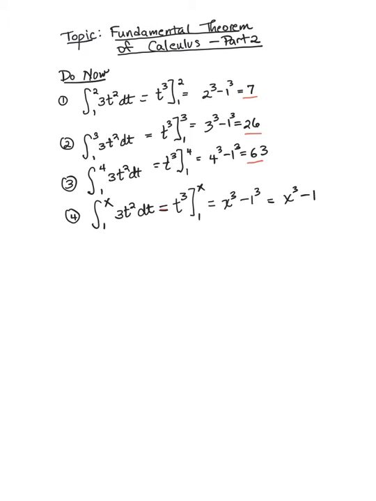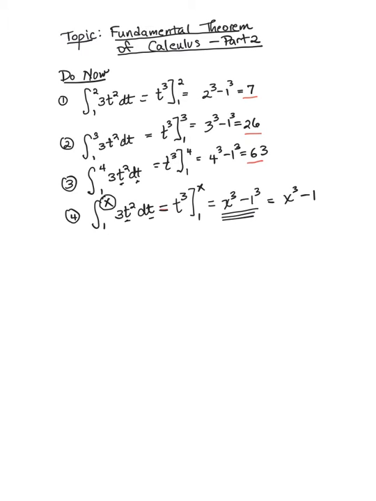So notice that t is used. We could use any variable, but we deliberately use t because the upper limit of integration here is x. So we wouldn't be confused with what variable we're integrating with respect to. But at the end, we get a function of x.